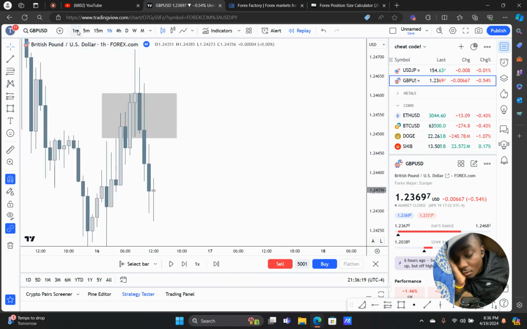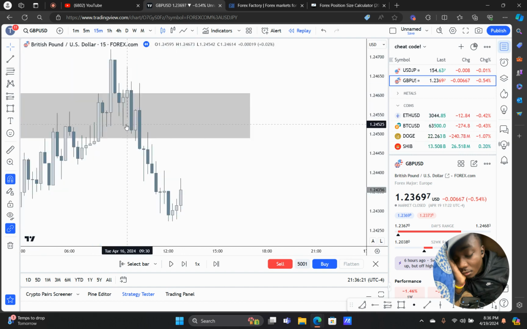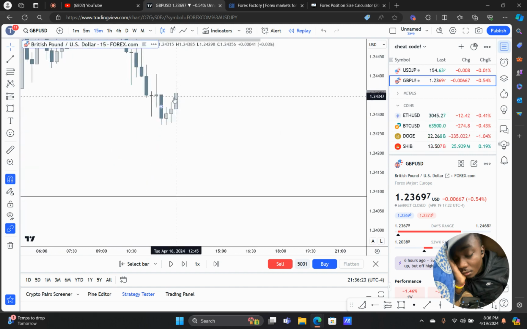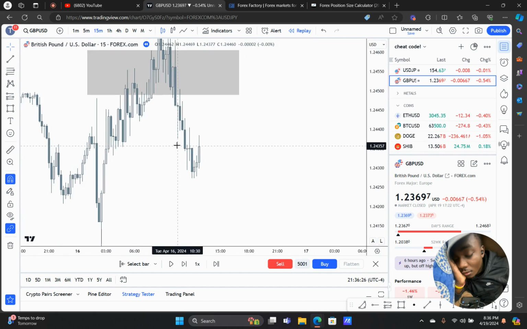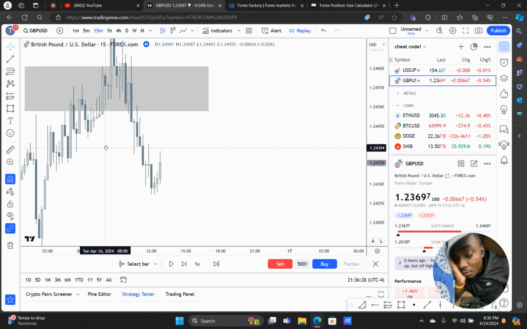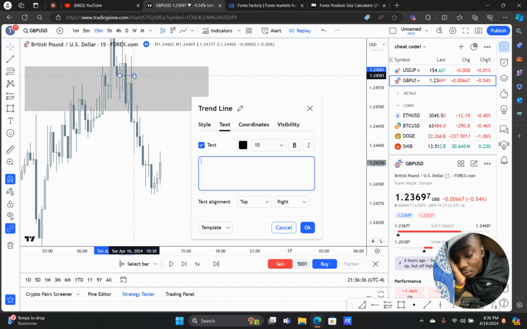Now when it did that, I dropped down into the 15-minute time frame right here, and what I was looking for was just a continuation to the downside, which right here we had a 15-minute order block.